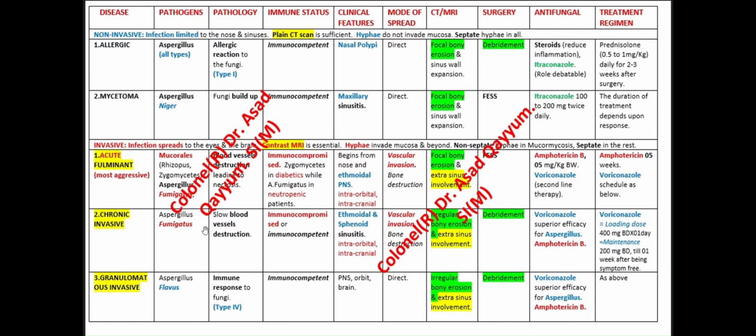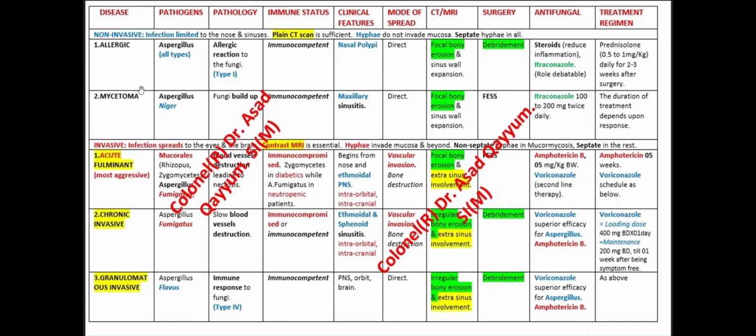The same Aspergillus fumigatus is the causative agent in the chronic invasive subtype of invasive disease. And lastly, the flavus variety of Aspergillus is encountered in chronic granulomatous invasive disease.